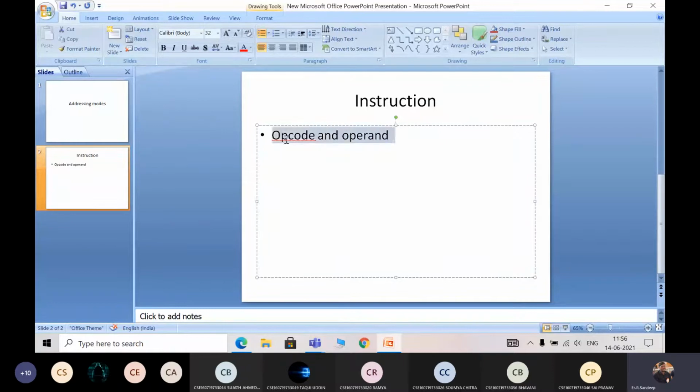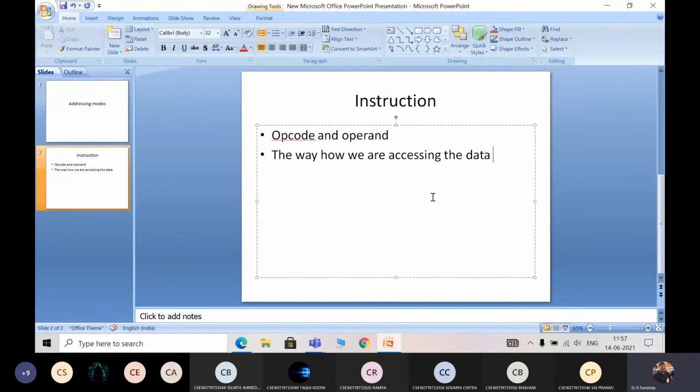If you know these two things in an instruction, it specifies the way how we are going to access the data, in simple terms, the logical organization of the data accessing.